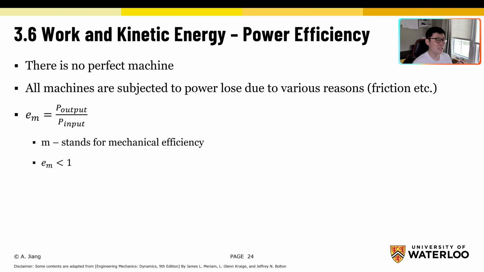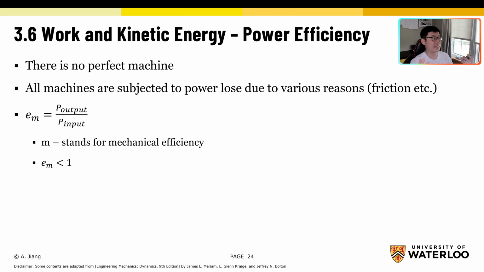Therefore, we need to use a special equation to calculate the power efficiency, which is quite straightforward. The power output over the power input, measuring how effective your power is. And e_M here stands for the mechanical efficiency, which has to be less than or equal to 1, or 100%.